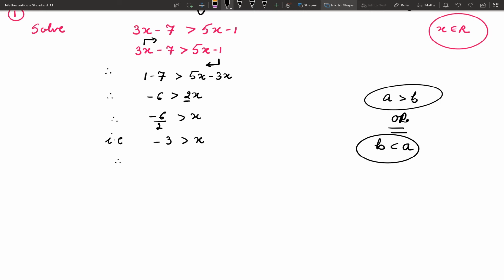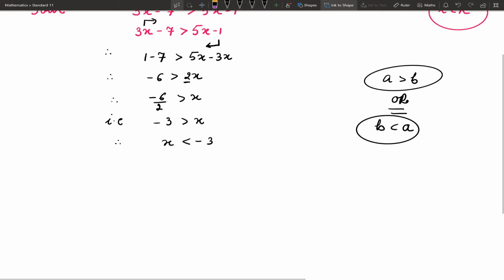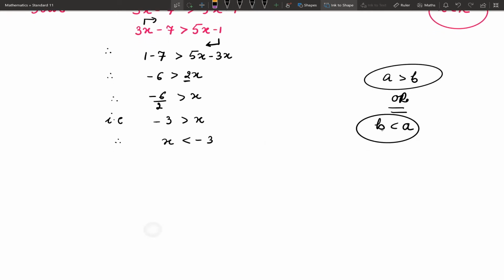So the same can be written as x is less than minus 3, and therefore the solution set is the open interval minus infinity to minus 3. This is the solution set.